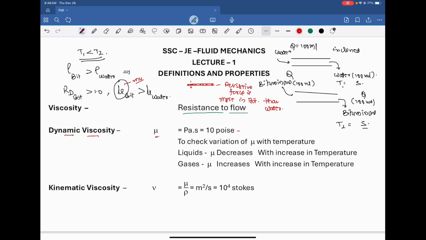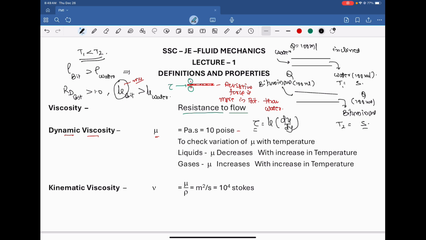Water flow is easier because of the layer to layer resistance. The tension, the force between layer 1 and layer 2, is what you call shear force or shear stress. The layer to layer, in between force, that resistive force is more in bituminous than water. Viscosity represents the resistance to flow. What is Newton's formula? Tau is equal to mu into du by dy.